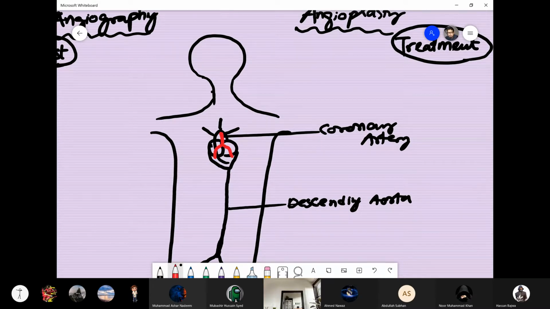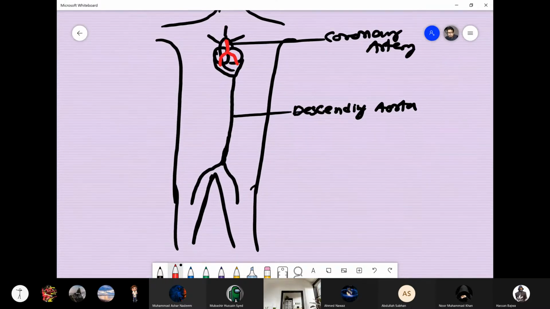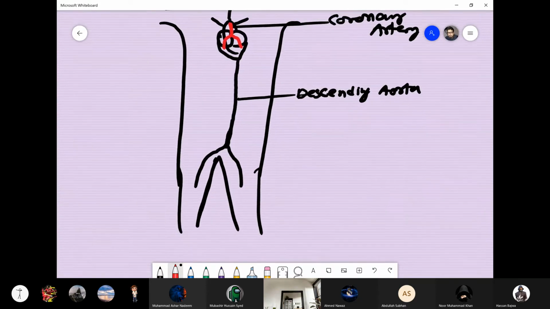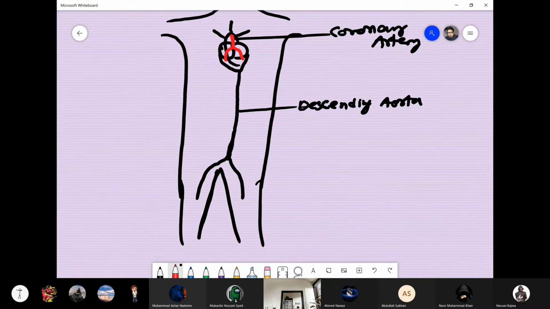Do you guys remember this or not? Yes, sir. And I also taught you that this coronary artery comes from the aorta. Now, guys, as this is the descending aorta, where is it coming directly from? From the heart.